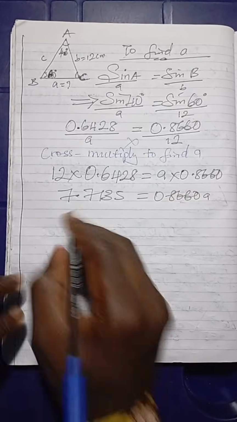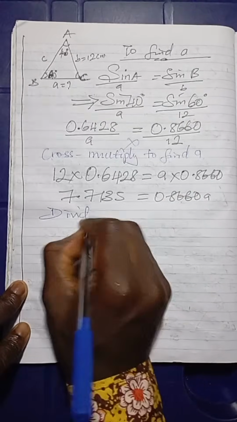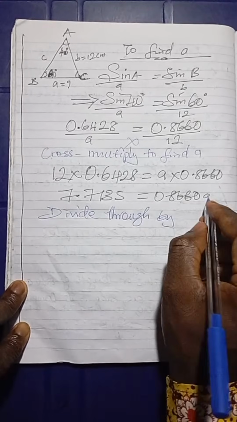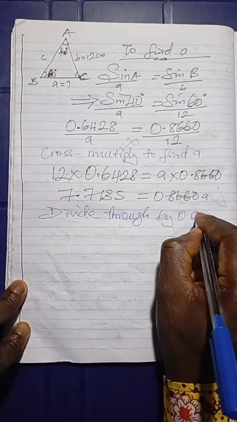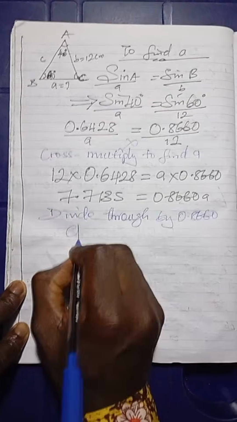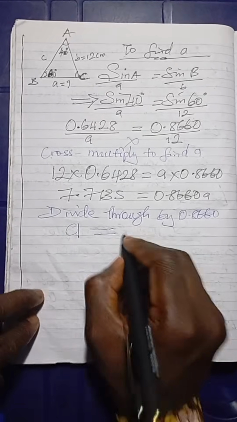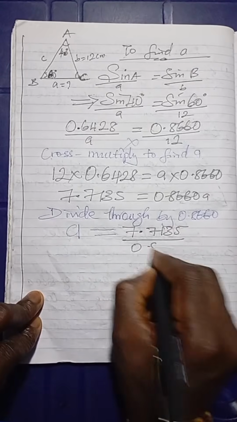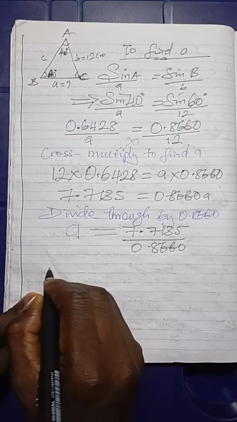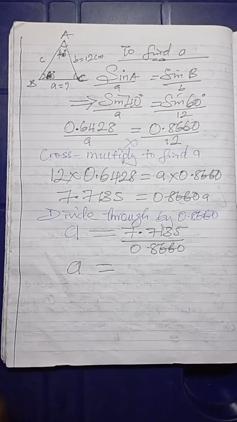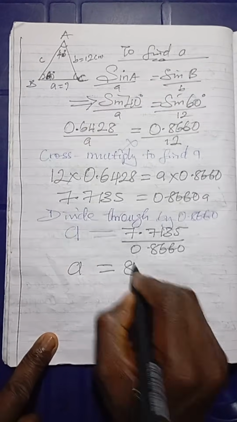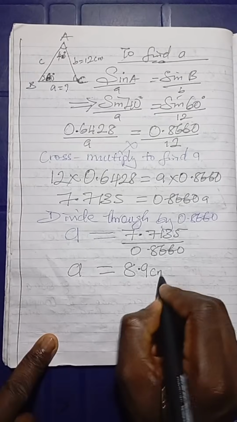7.7135 is equal to 0.8660a. Now divide through by the coefficient of a, which is 0.8660. So a will be 7.7135 divided by 0.8660, which is 8.9 cm.